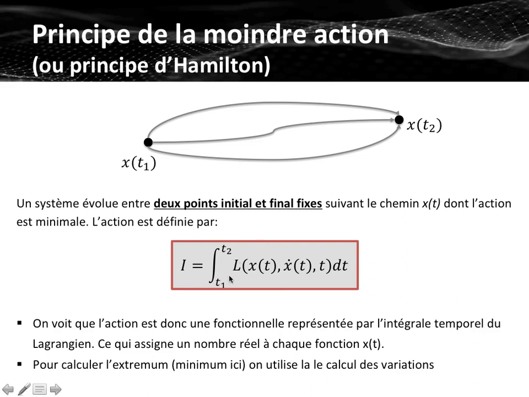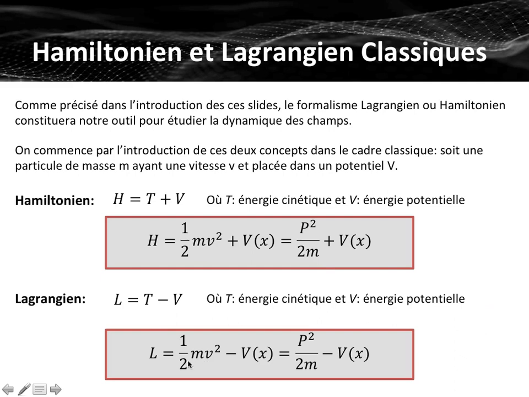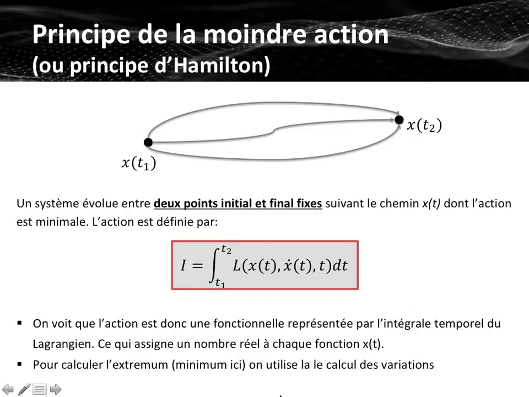Now you see, it's integrating between t1 and t2, so over the path of the Lagrangian. And now you see that the Lagrangian depends here on arguments such as x of t, x dot, so v of t, and t. And you can see that from here. Look, the Lagrangian depends on x, on v, and obviously on t, because v is dx over dt. Right? Voila. Okay.